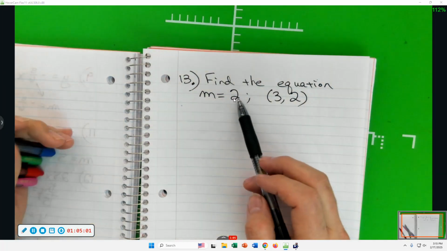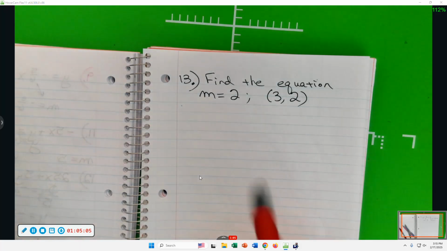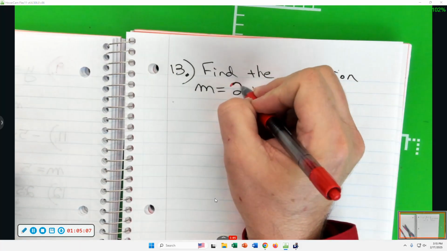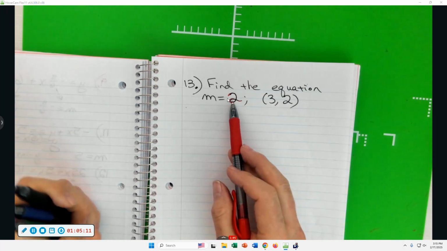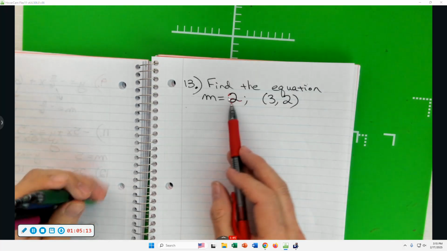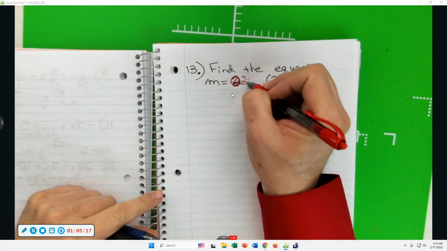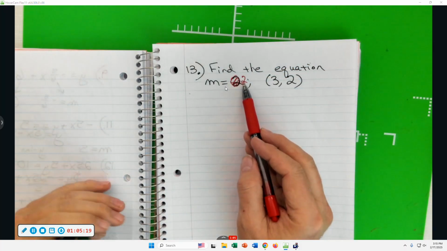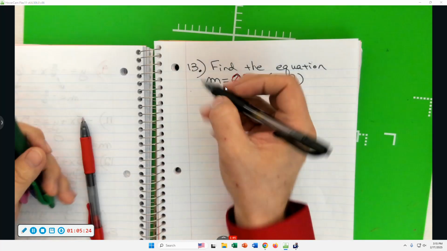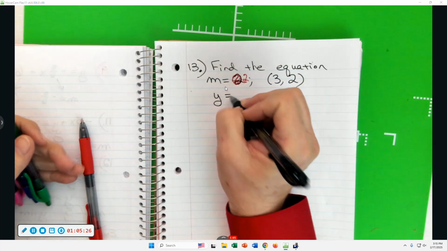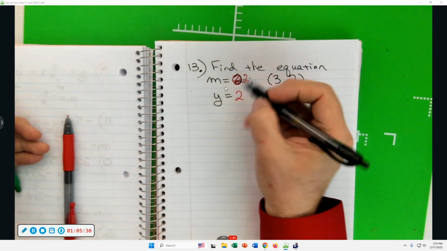We already know the slope, at least. I'm going to have to distinguish between these twos. Pretend it's red. The slope is the red 2. So we know, using slope-intercept form, that we have y equals the red 2 times x.